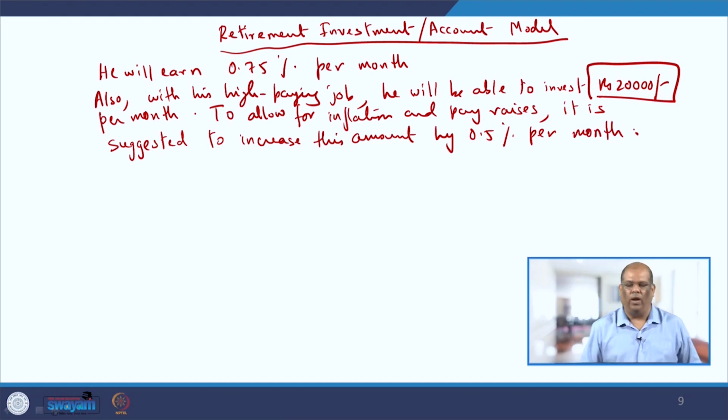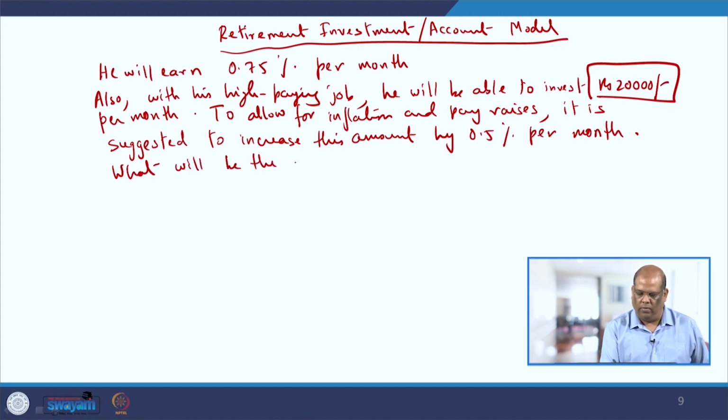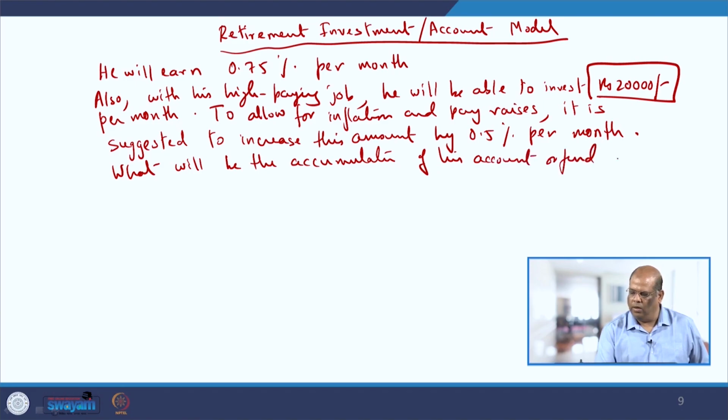Now, we want to see what will be the accumulation of the fund, or what will be the accumulation of his account or fund, after 20 years, which is 240 months.